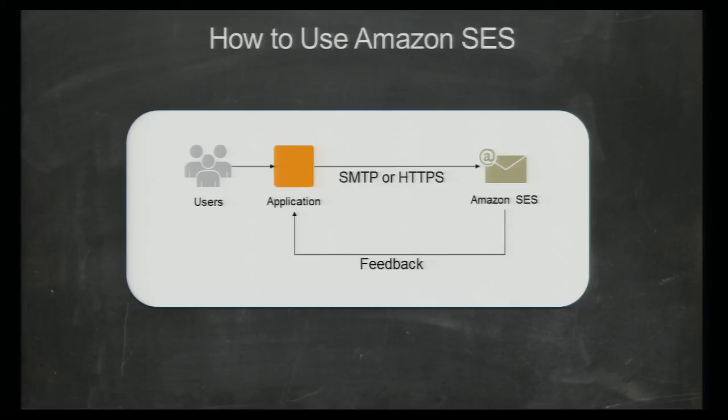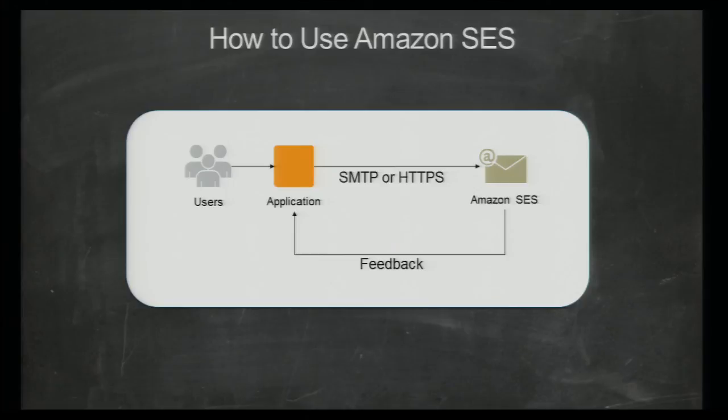Once SES accepts this message, it will do some internal processing on it, and it will hand it off to an ISP. Now, what happens when a message gets to an ISP? If you're in the 9% that James was talking about, it will make it to the inbox. If not, the message may bounce, or if the message made it to the inbox, the recipient might mark it as spam, and you might get a complaint message back.